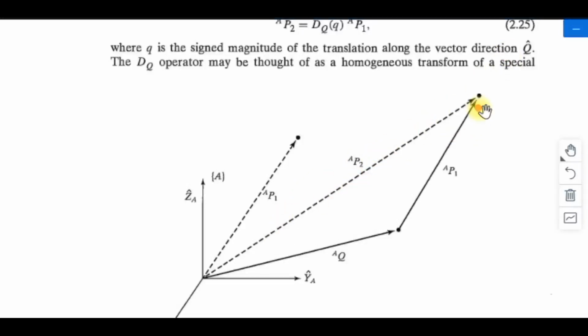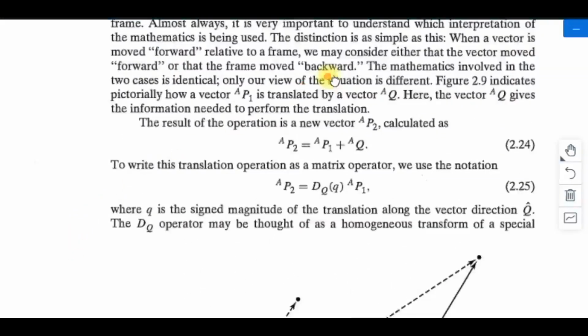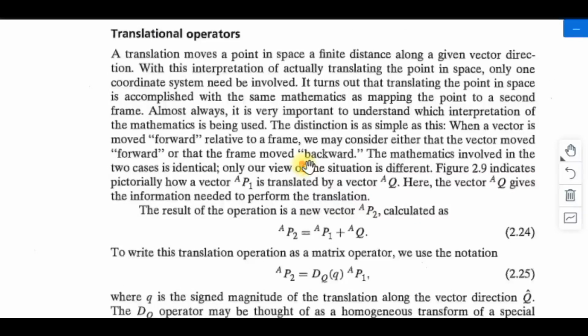Or you may consider that this is a fixed frame, the point is here and it moves here. So it depends on how you represent. The translation operation moves a point in space a finite distance along a given vector direction.